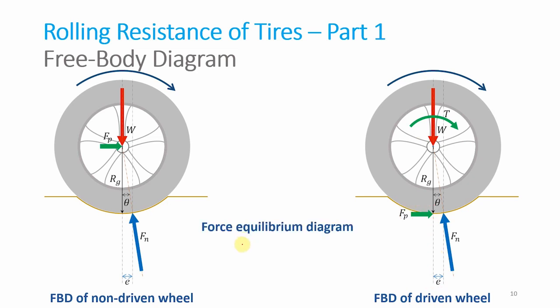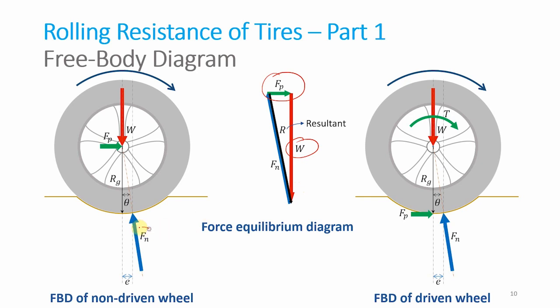Now let's see the force equilibrium diagram of both cases. Weight W is acting and Fp is acting in both cases, and the resultant R is the resultant of Fp and W. Now we know that this Fn, or the normal force, is acting directly, and this is the equilibrium for this resultant, and this Fz is the vertical component of Fn, and Fr is the horizontal component of Fn.